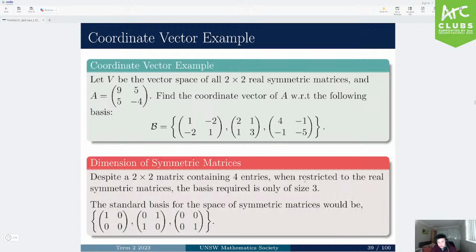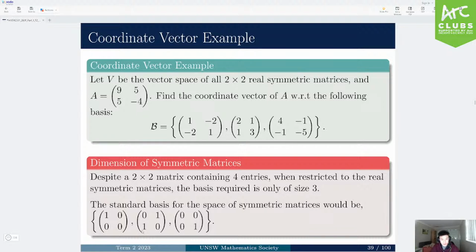A quick side thing here, dimension of symmetric matrices. You know that the dimension of 2x2 matrices is 4, but if we look at 2x2 symmetric matrices, the dimension of that is actually just going to be 3.